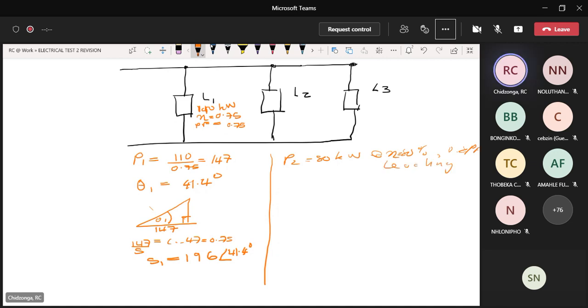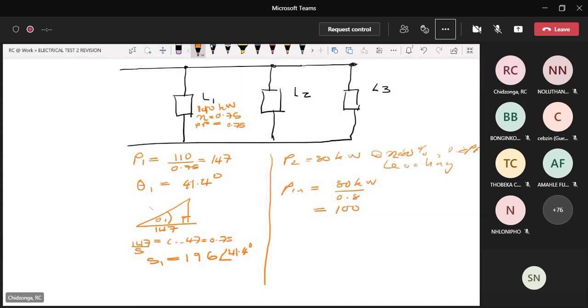All right. So again, the real power input in this case, because this is what is coming out at an efficiency of that, will be 80 kilowatts divided by 0.8. So that will give us 100.